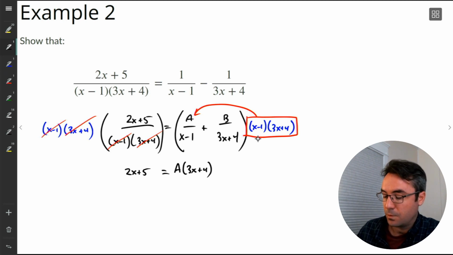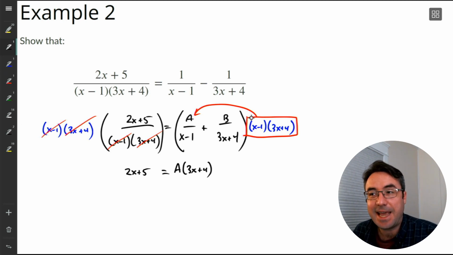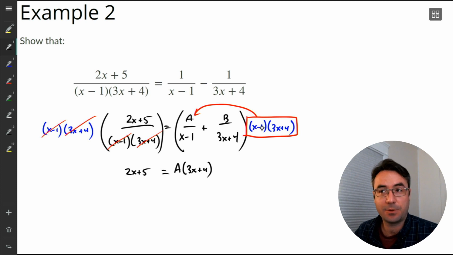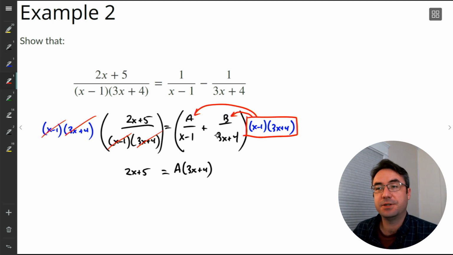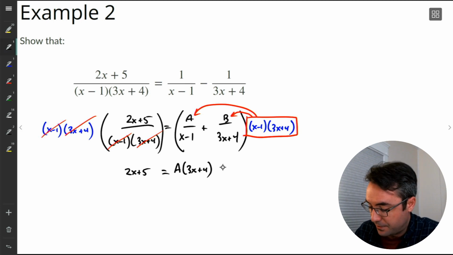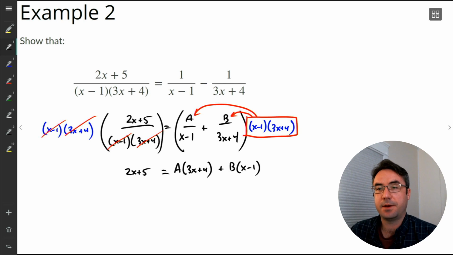Well, for the next thing, we're going to take this entire term and distribute it to our other fraction with b. And so what's going to happen here is we have x minus 1 times 3x plus 4. That 3x plus 4 is going to cancel with the term in the denominator. And so we're going to be left with b times x minus 1.